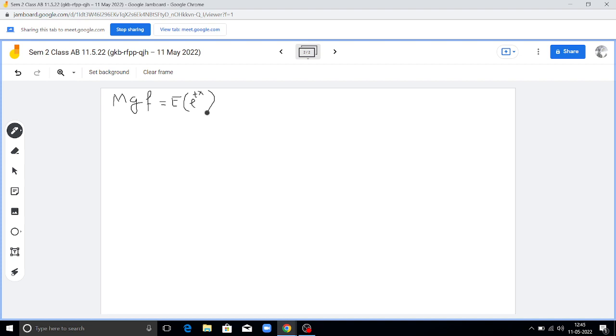Small t is any positive integer, whereas capital X is the random variable. Why do we take this form? Because this form, later on we will find out, helps us to find the different moments of the distribution of X.